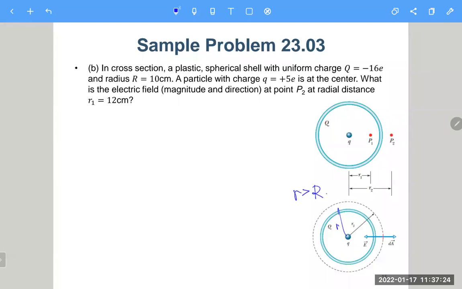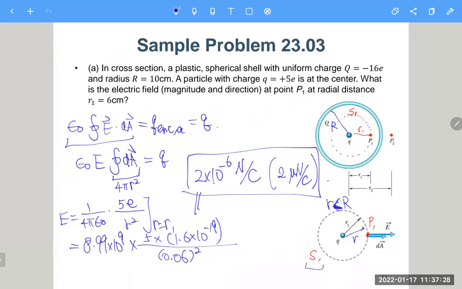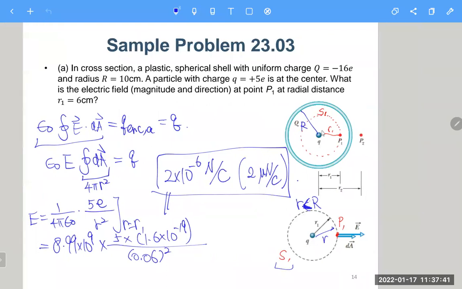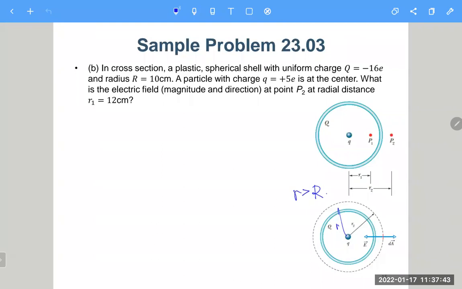Okay, so here we can simply follow the same argument, but the only difference is we should have Q enclosed B. For Q enclosed B, we should add the small q with the capital Q. So here we should have E equals 1 over 4 pi epsilon naught times Q enclosed B over R squared.